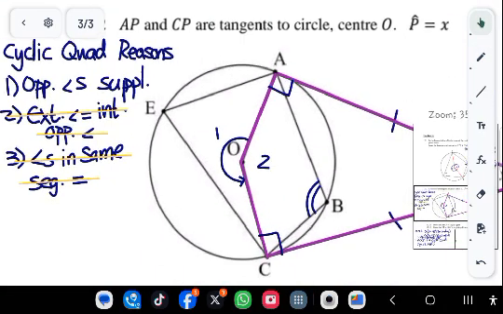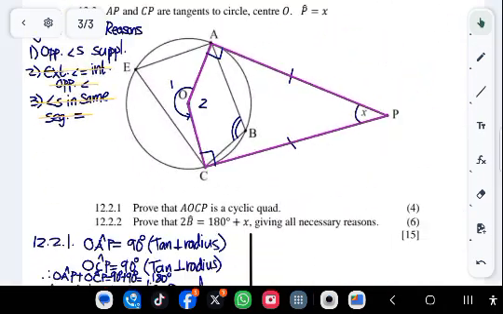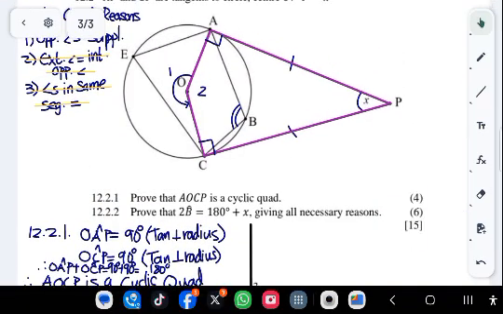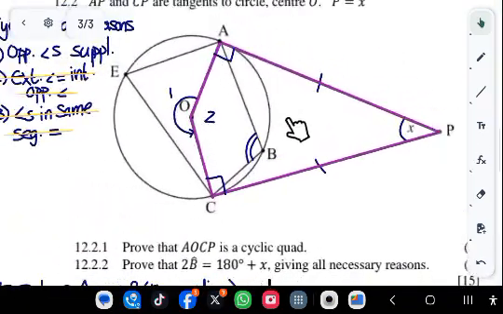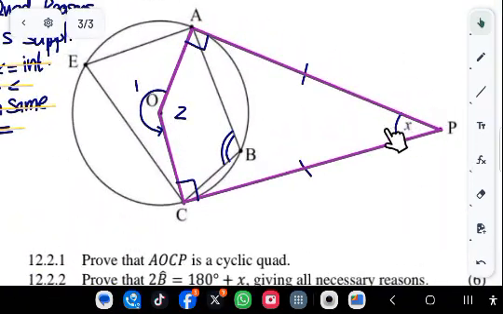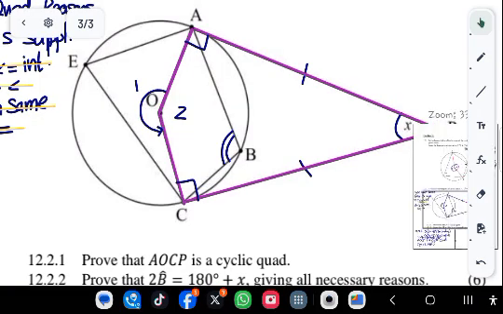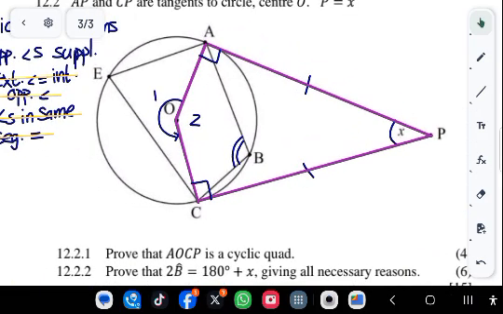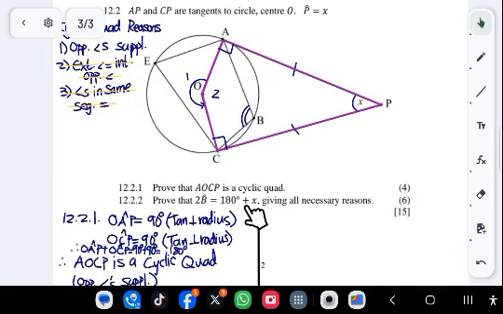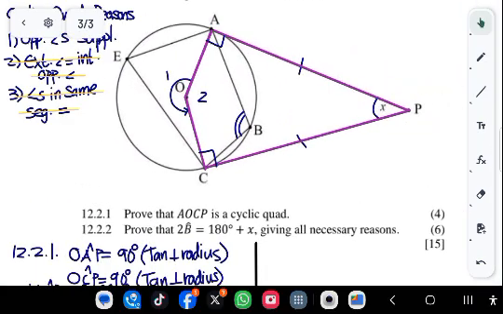So what we need to show here is that this angle O1 is equal to 180 degrees plus x. That's what we need to show ultimately.